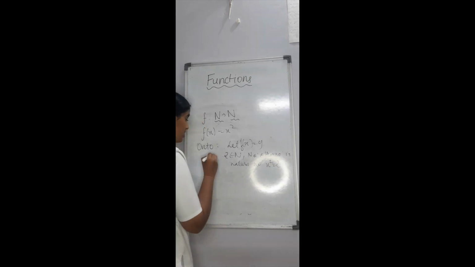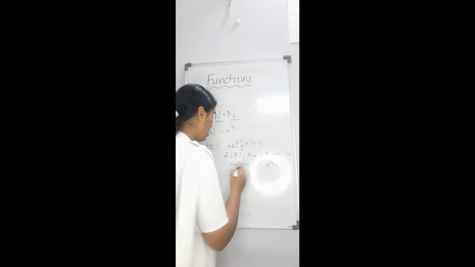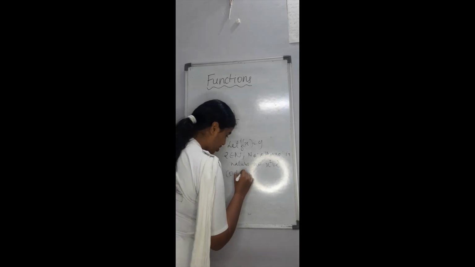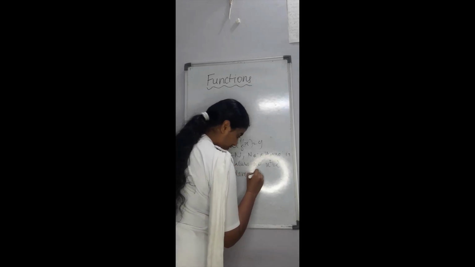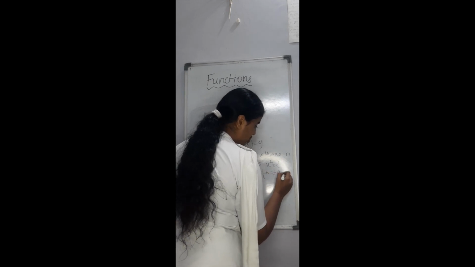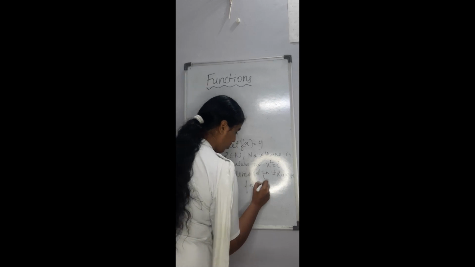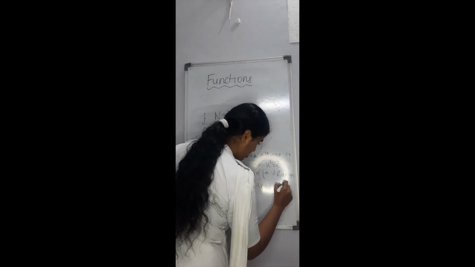But 2 itself has two pre-images, which is plus root 2 and minus root 2. So since minus root 2 does not belong to n, our codomain has negative numbers while our range does not. So our codomain of function is not equal to range. Therefore, function is not onto or not surjective.